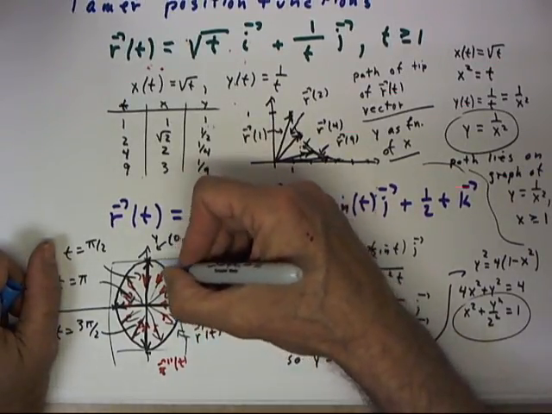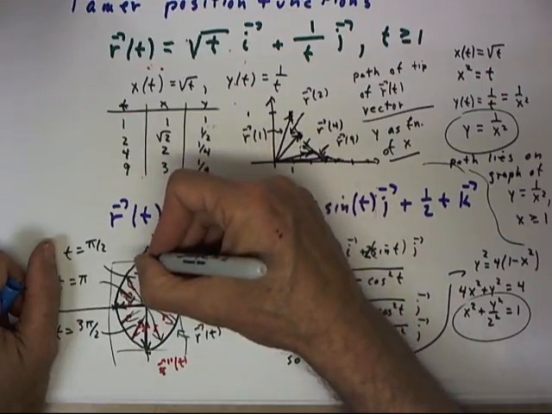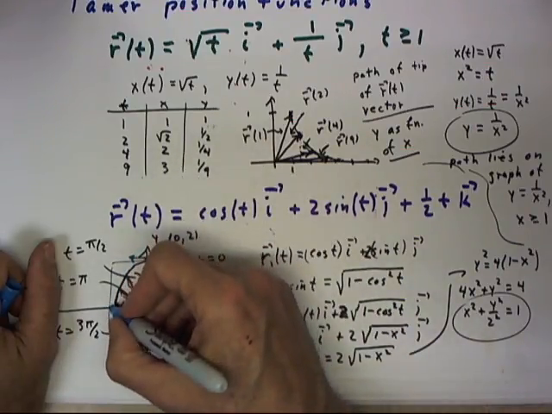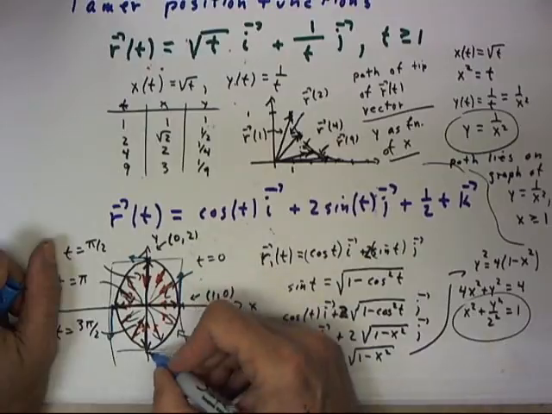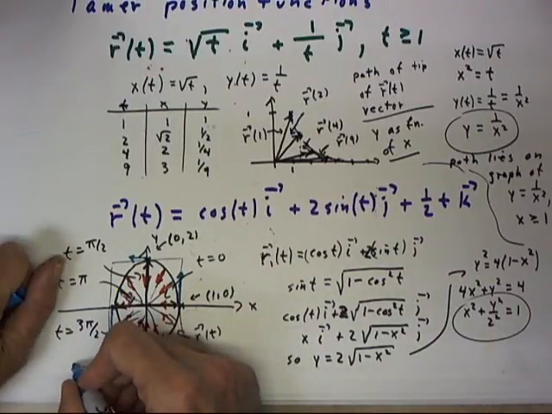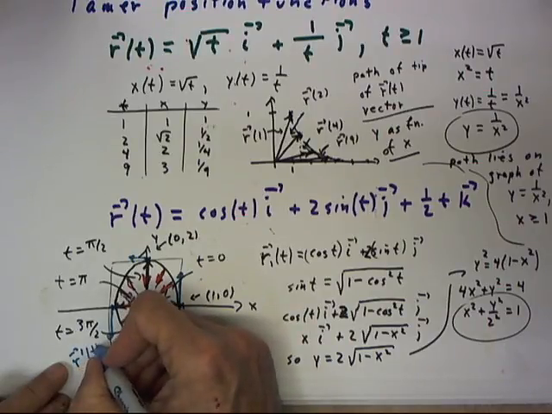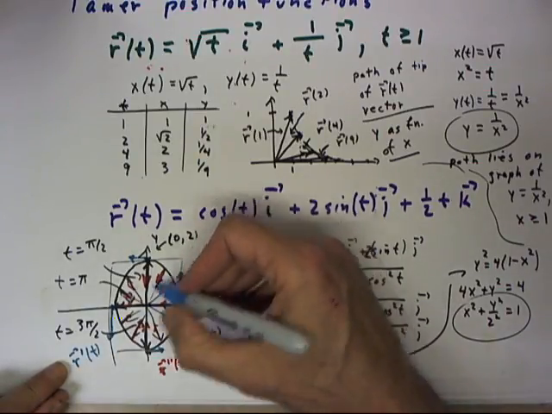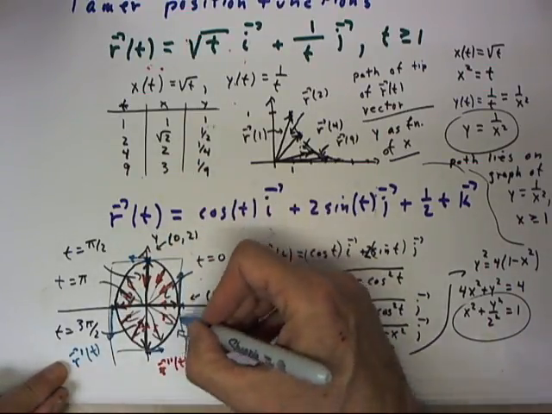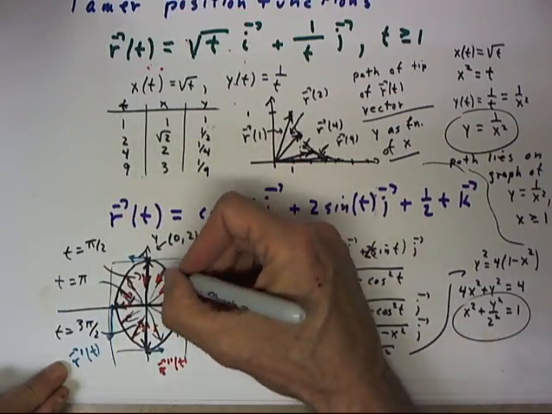So let's go ahead and depict r prime at a few points. And we'll use this color, the r prime of t vector. It's bigger here and here, smaller here and here, but of course it's always tangent to the curve.